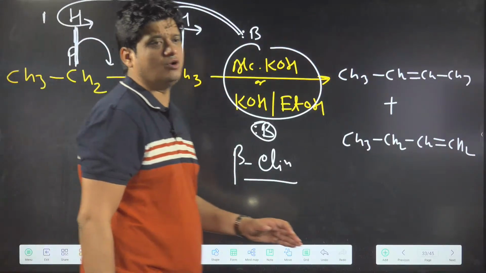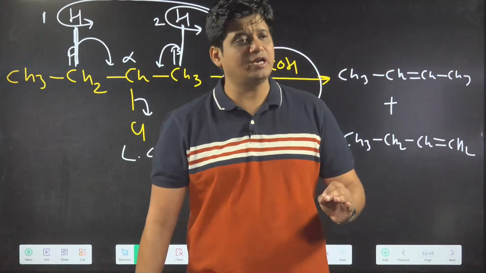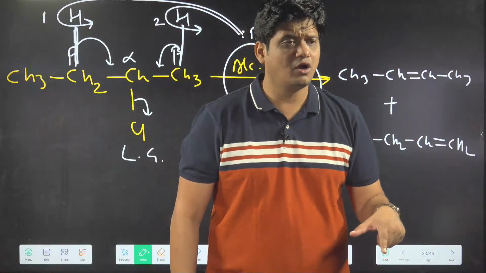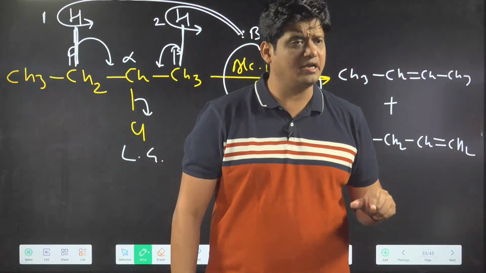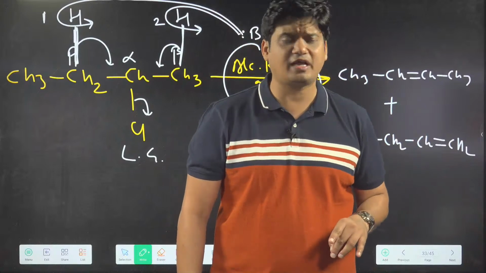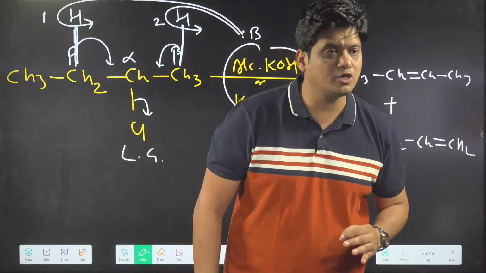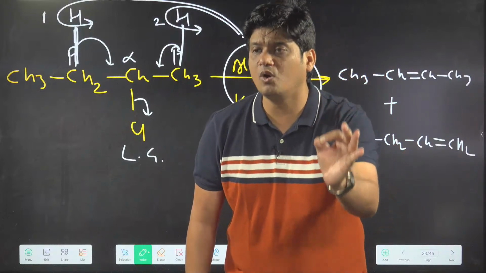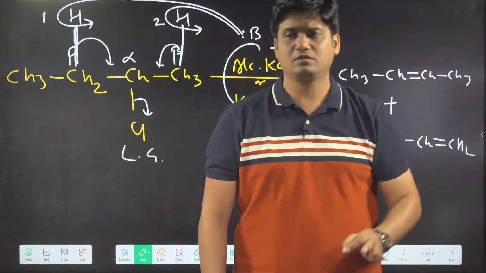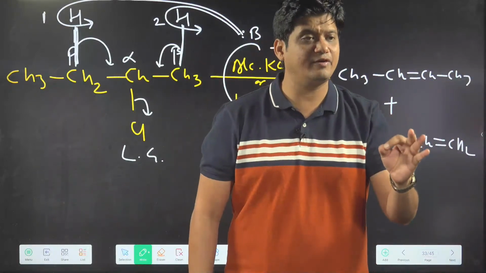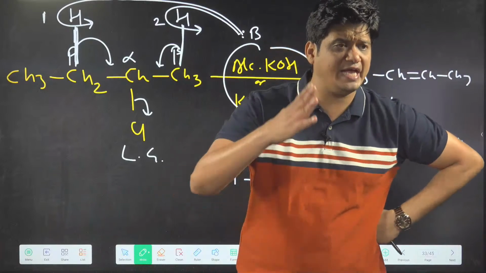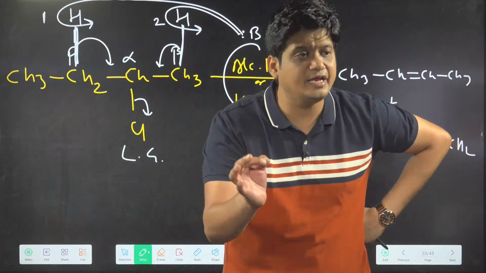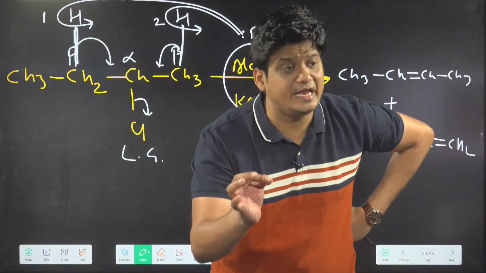Now what is the chemistry of alcoholic KOH? Listen. Alcoholic KOH is saying, I am a very powerful base, I can remove any beta hydrogen of an alkyl halide.